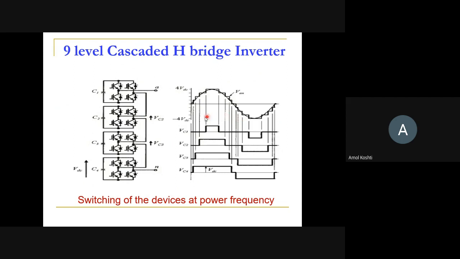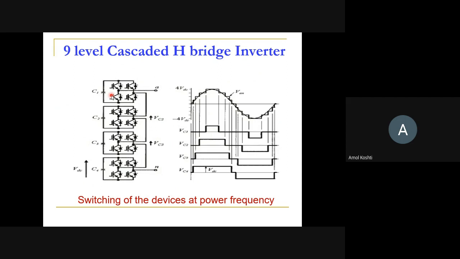We have to turn on the switches in such a way that we get these levels at the output side. These pulses are produced in this way. If you compile VC1, VC2, VC3 and VC4, you will get this type of waveform at the output side. This is about the 9-level cascaded bridge inverter.